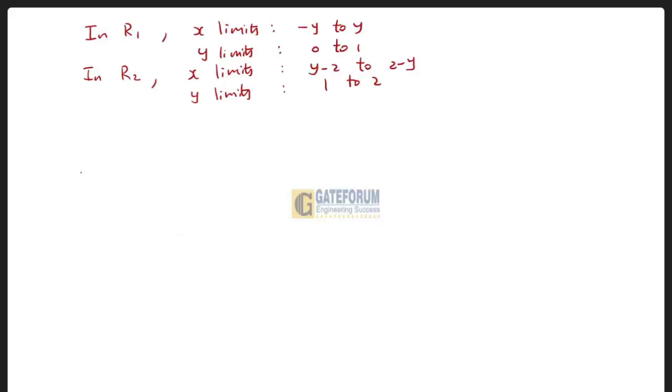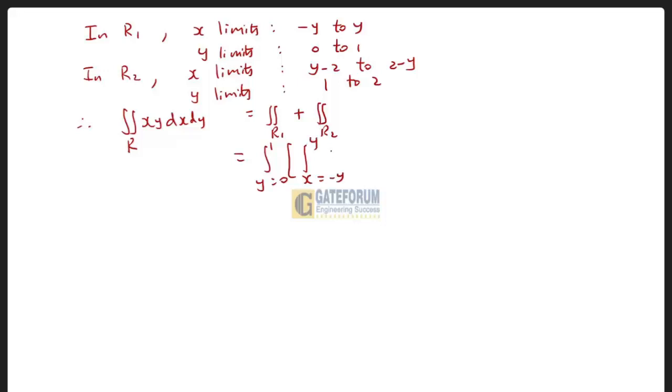Okay. So therefore, the double integral over R of xy dx dy is equal to the double integral over R1 plus the double integral over R2. So in R1, the constant limits y equal to 0 to 1 stay outside, and the x limits are minus y to y, first integrating with respect to x by keeping y constant, dx, then dy.